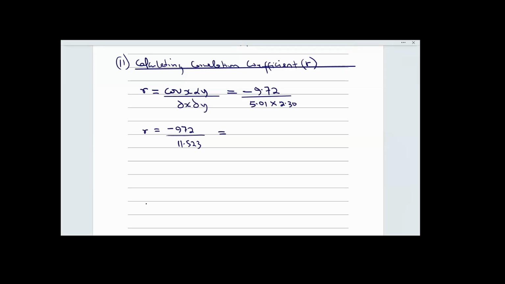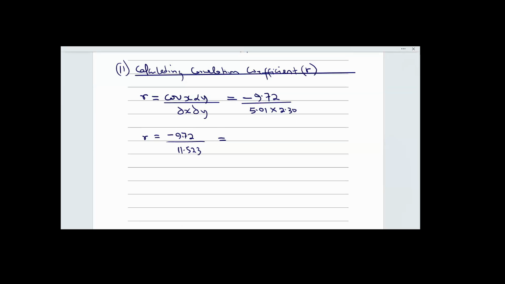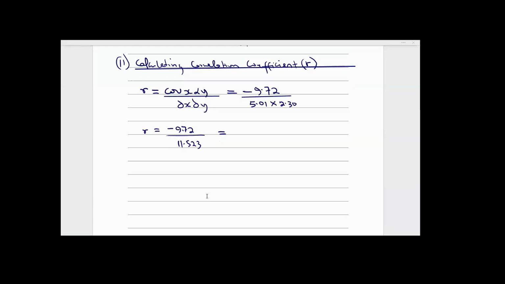This will then give you minus 0.84. So the relationship between security X and Y is negatively correlated.